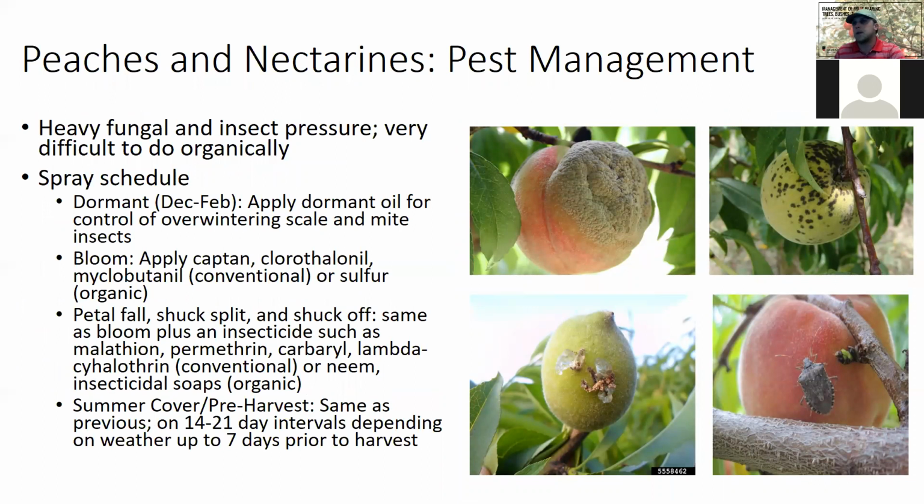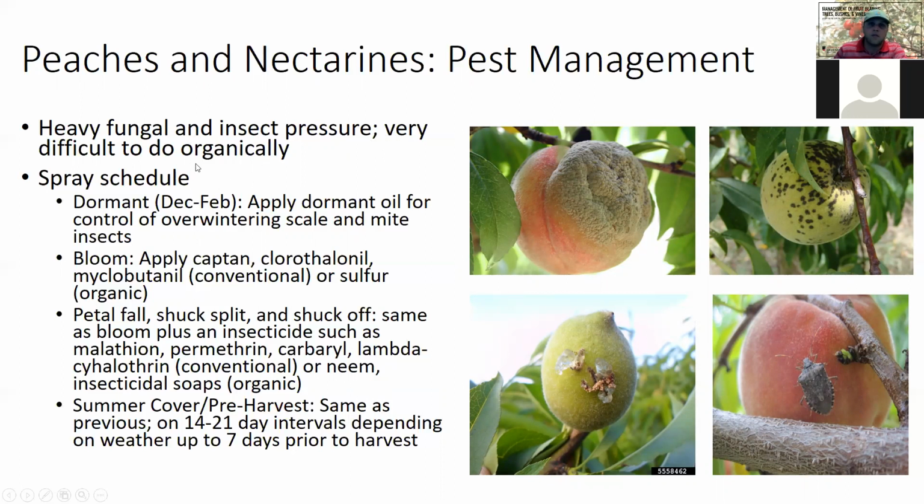So, pest management. Peaches, I did my graduate school work on peaches, and actually I did fungicide trials. But I'm just going to be frank and honest with you. Peaches and nectarines, and nectarines are even worse because they don't have the fuzz to defend them like peaches do, have very heavy fungal and insect pressure here in Georgia and in the Southeast in general.